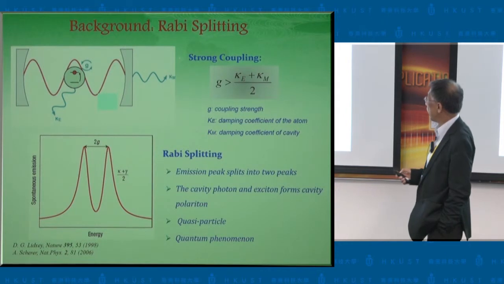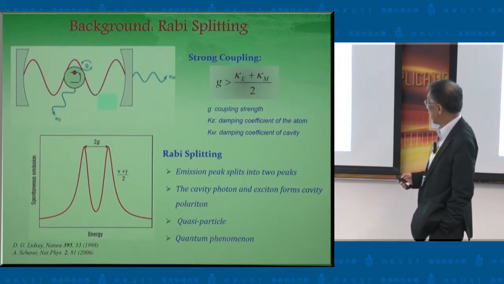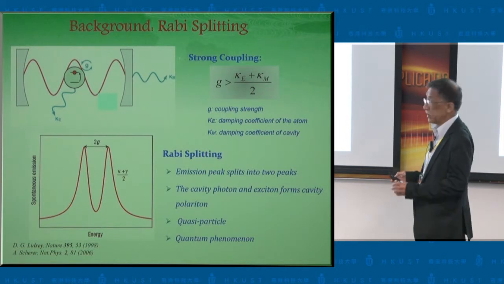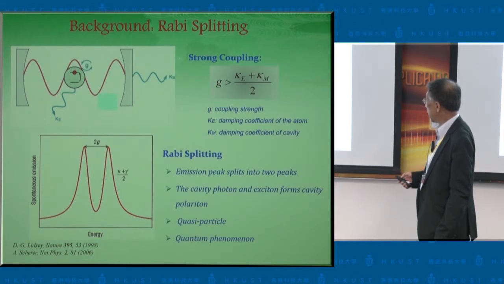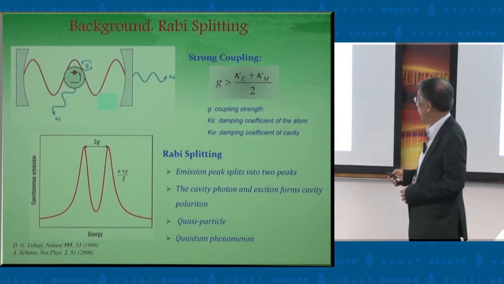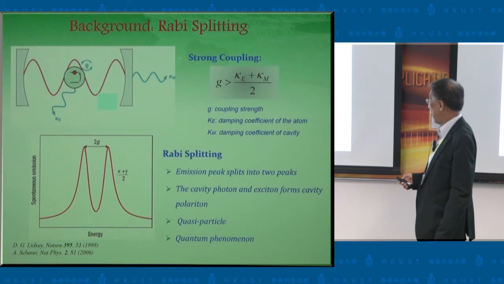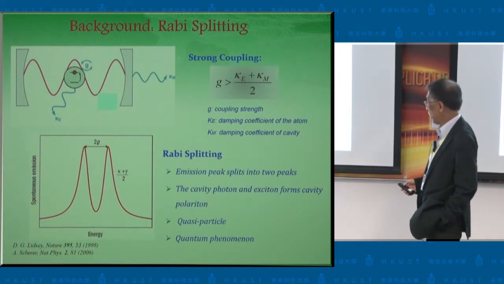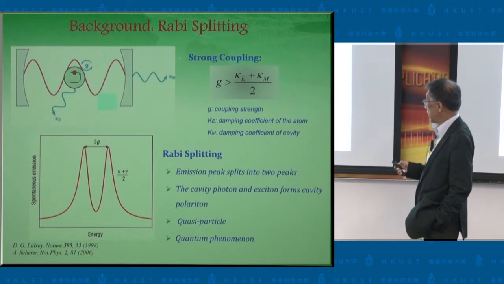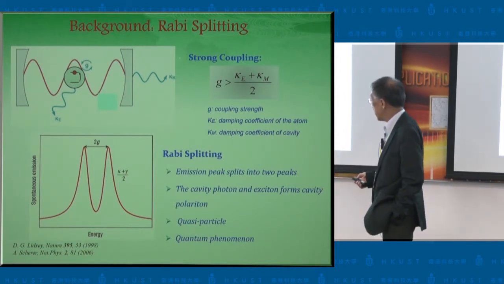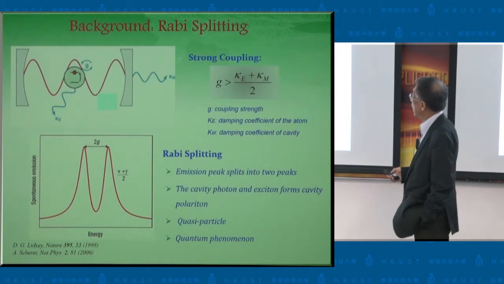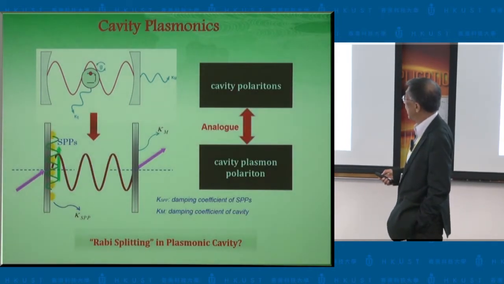This coupling of the modes splits the originally single emission peak from the atom into two peaks, giving you plus and minus of the energy. Here you have your cavity photon and the exciton forming a cavity polariton, which has quasi-particle characteristics. This kind of Rabi splitting is a quantum phenomenon itself.